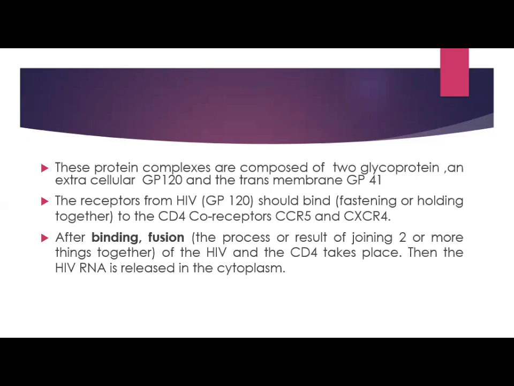And then after they fuse, that will now cause the RNA of the HIV virus to be released into the cytoplasm of the cell. So the first stage is what we're calling the entry, binding, and fusion stage, because the first thing is when the virus enters the body, it attaches, it goes in and finds the receptors in these cells and they bind.